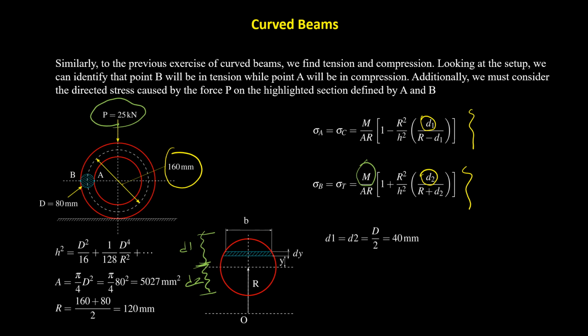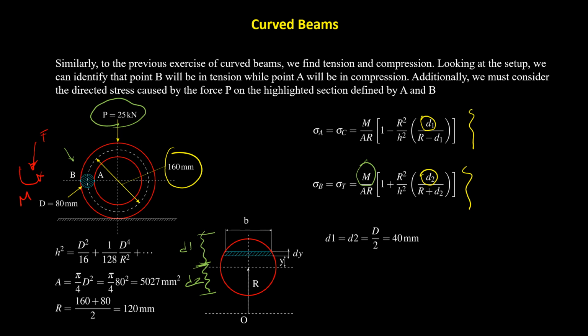So when I want to understand what's happening in the shaded section formed by the points A to B, I know that when I move or translate this vertical force to here, it's going to bring me a force plus a moment here.